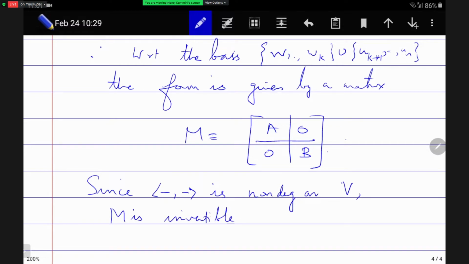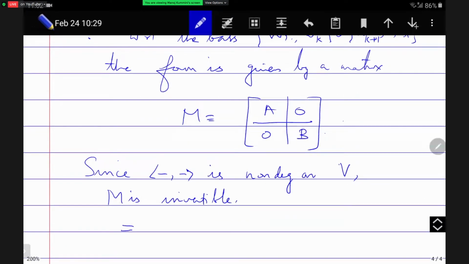We proved last time that a form is non-degenerate on a space if and only if the matrix is invertible. In fact, if it's not invertible, then any element in the right kernel will correspond to an element that is perpendicular to every other vector. So M is invertible.